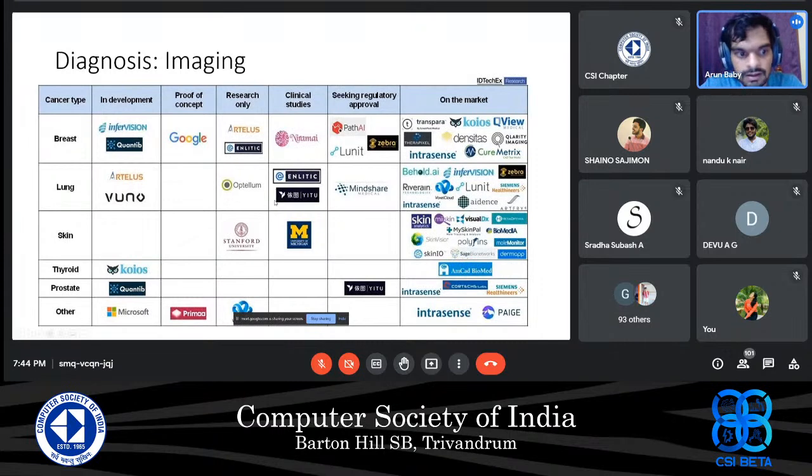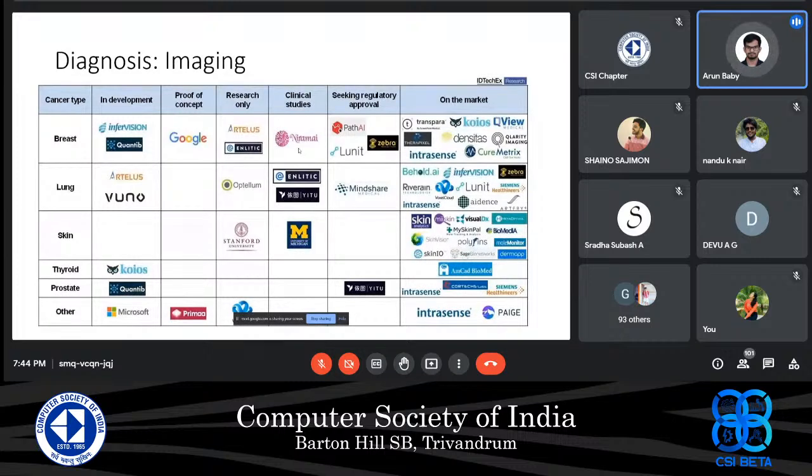The other Indian company is Artelus. They are also doing breast cancer research and lung cancer research, where they detect the disease from X-rays and CT scans.